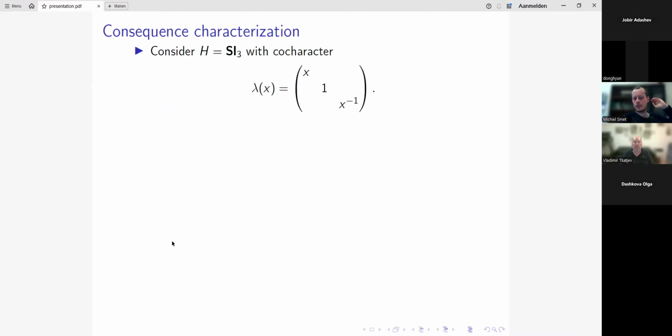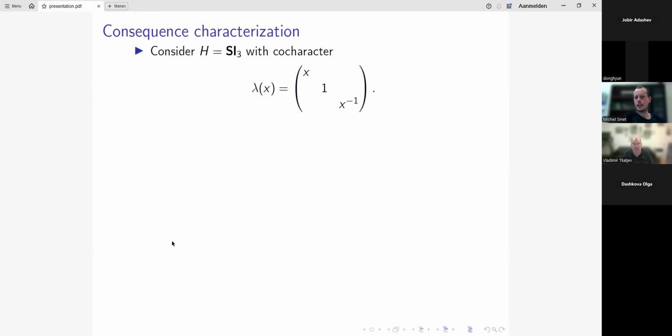Namely, first, we will look at the algebraic group SL3 with a certain co-character. A co-character is nothing more and nothing less than a morphism from the algebraic group formed by the invertible elements of the multiplication to your algebraic group.